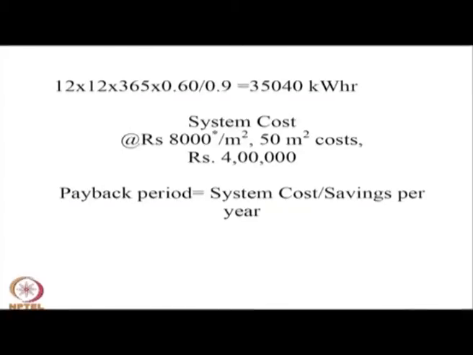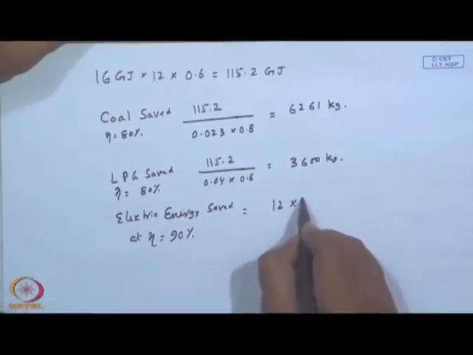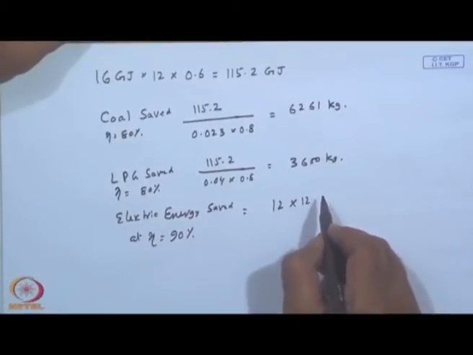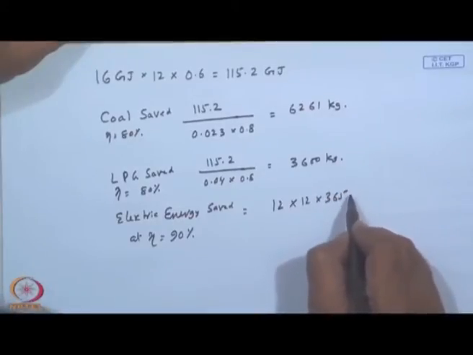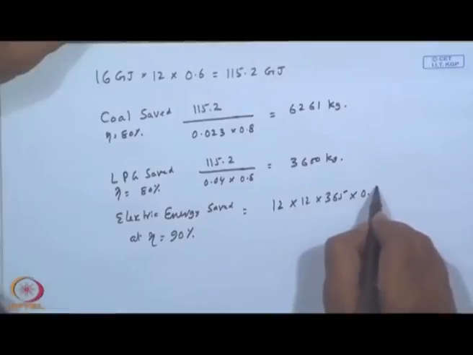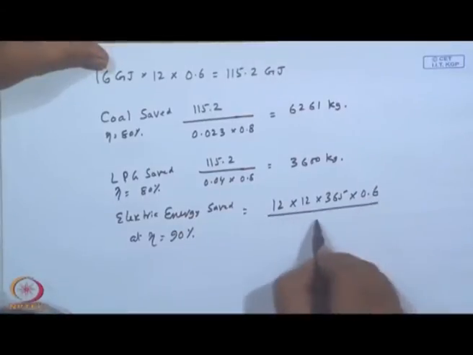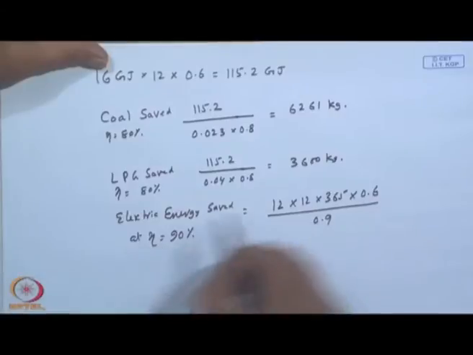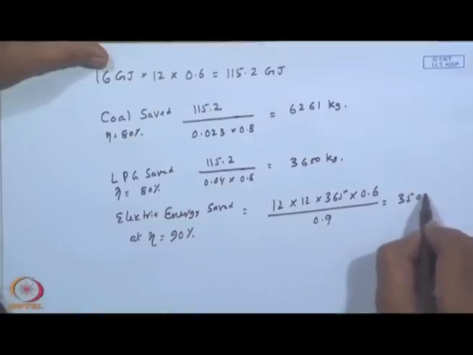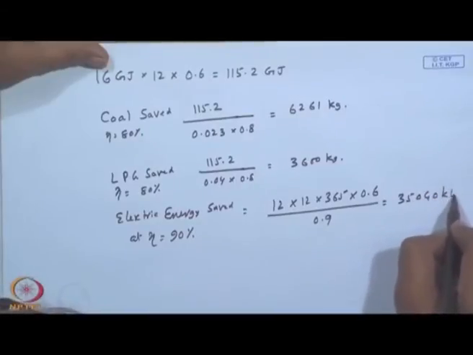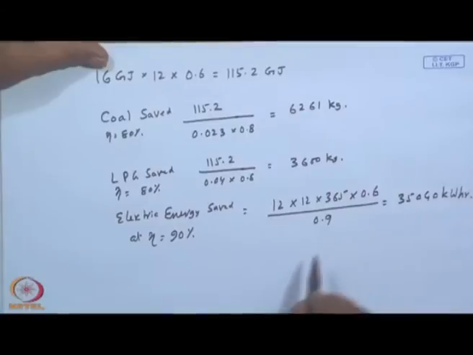For electricity this will be a little higher, which will be equal to, it is 12 kilowatts for 12 hours a day multiplied by 365 multiplied by the solar load fraction 0.6 by efficiency 0.9. This will be equal to 35040 kilowatt hours.